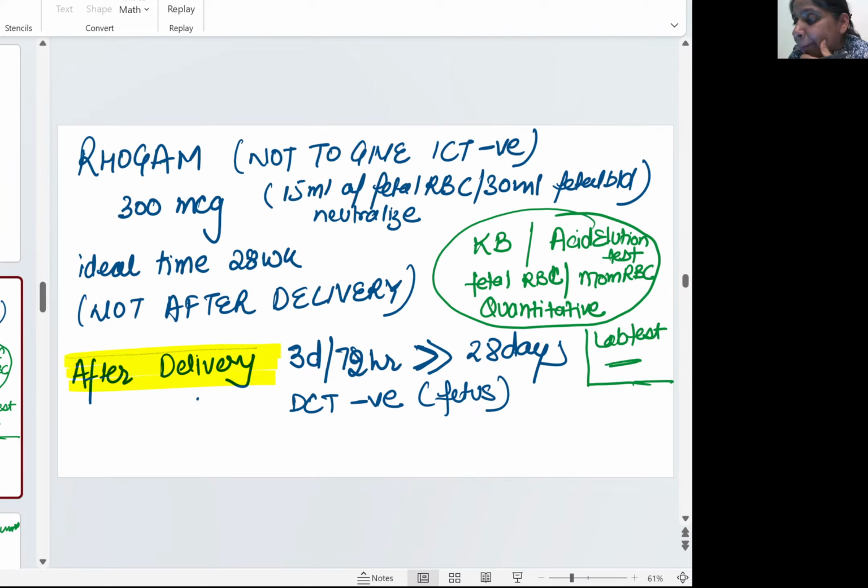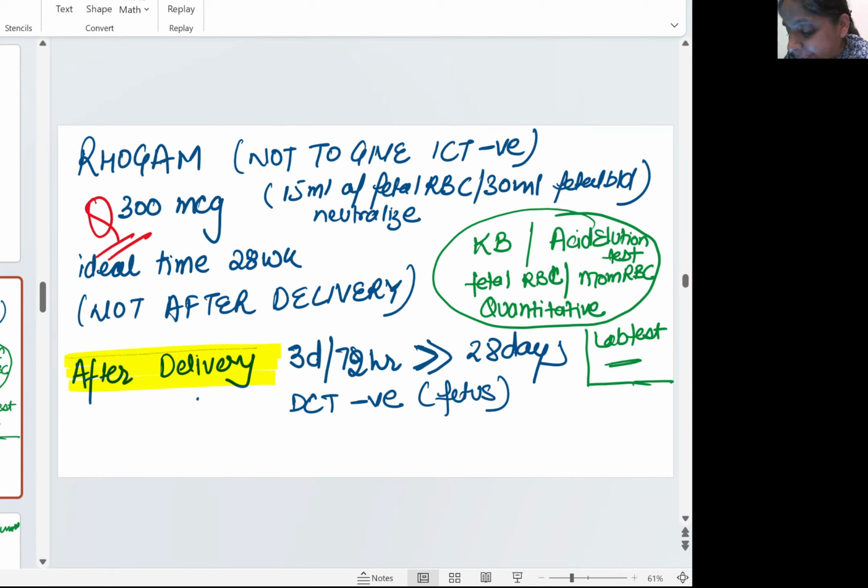Okay, what is Rogam? What is the dose of Rogam? Second expected question. What test do we do before giving Rogam?